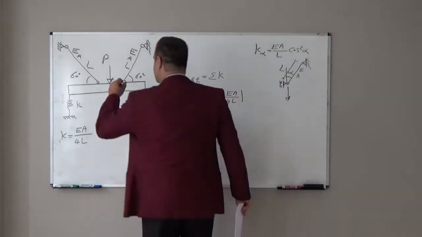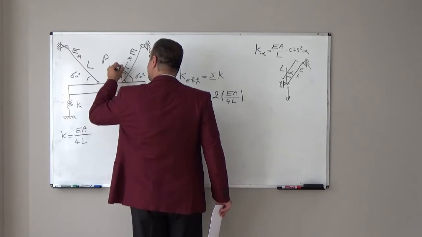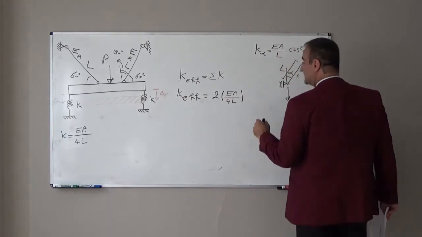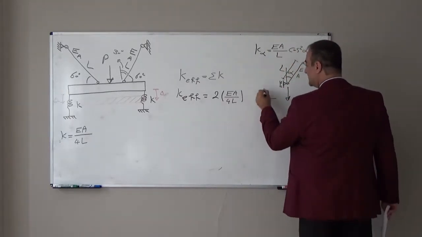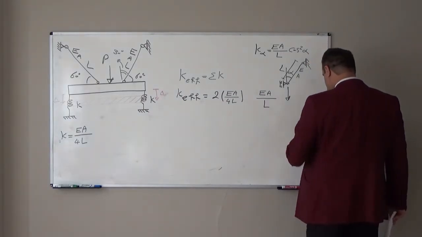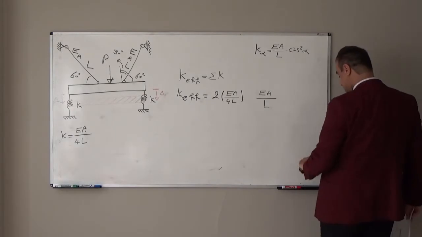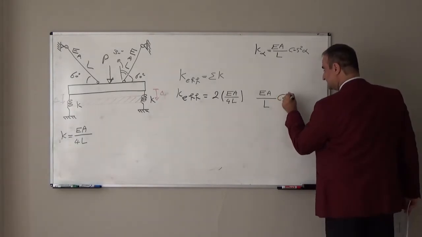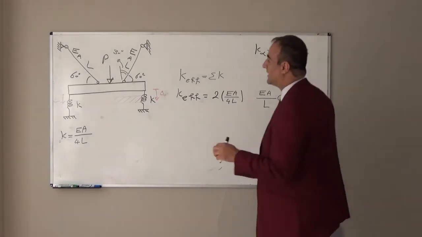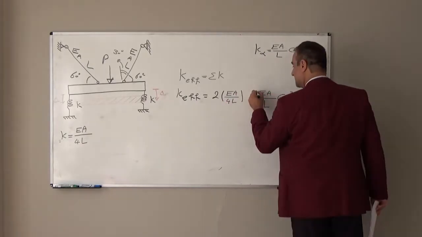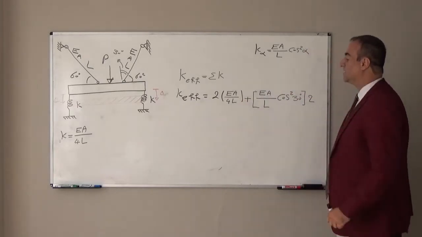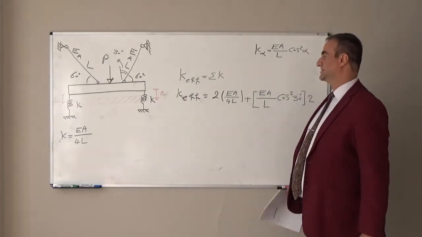So here alpha is this angle, which is 30 degrees. So the stiffness of each one will be EA divided by L times cosine squared alpha, where alpha here is 30 degrees, and how many of these do we have? 2 of them. Multiply by 2. This will be our total stiffness.